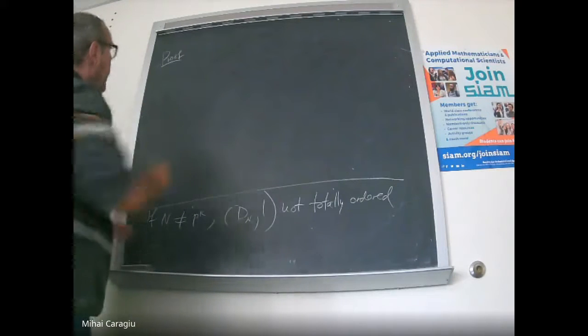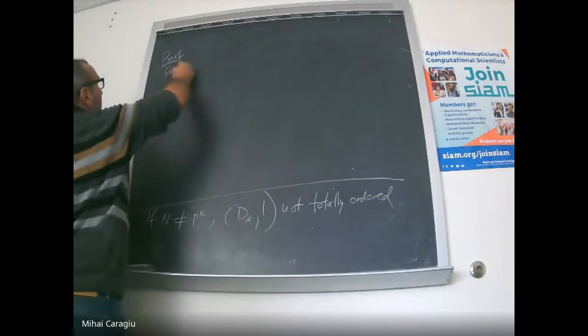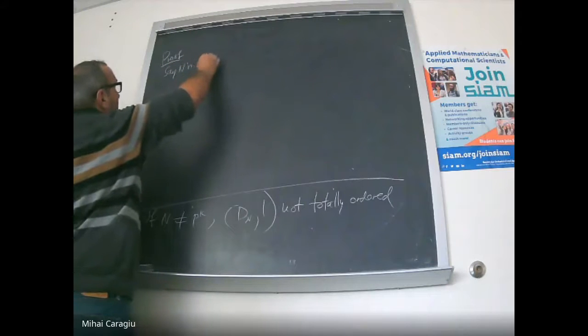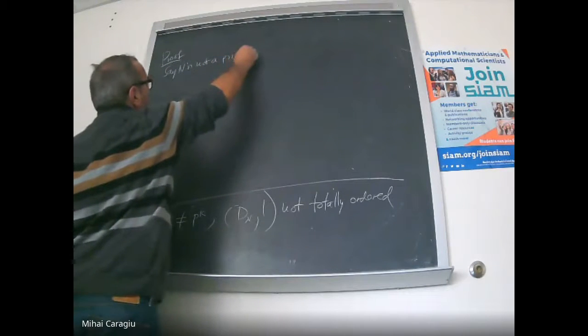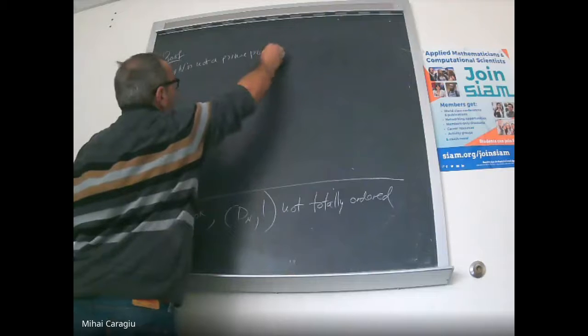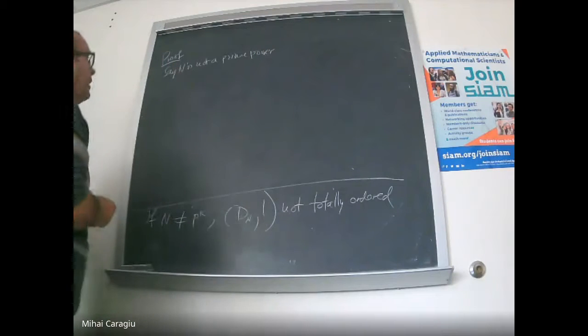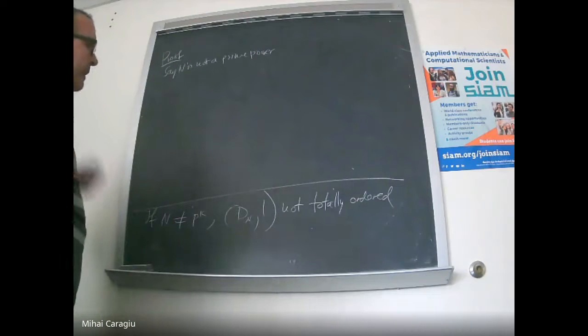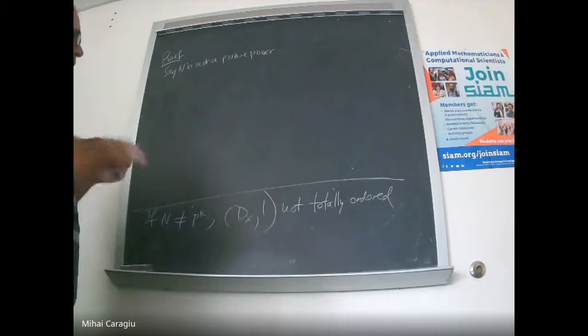So let's say n is not a prime power. So that means it doesn't have only one prime in it.